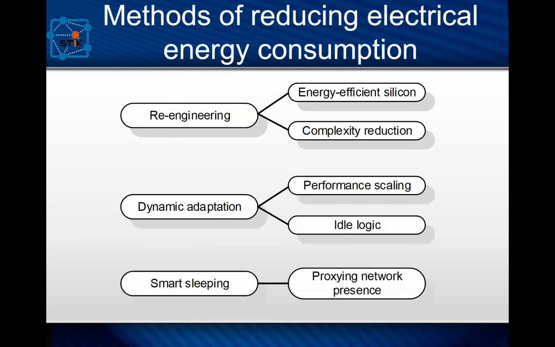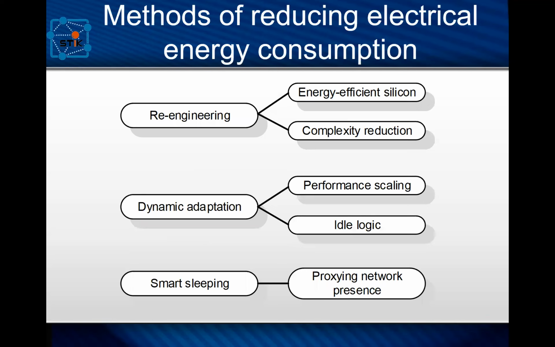In many publications regarding the reduction of electrical energy consumption in the IT sector, various methods of reduction can be found. However, perhaps the most well-known classification is the one presented on the slide. This group of methods is divided into three groups.